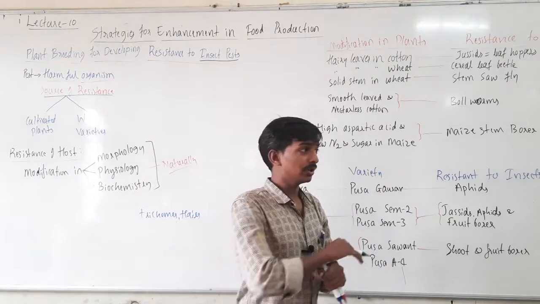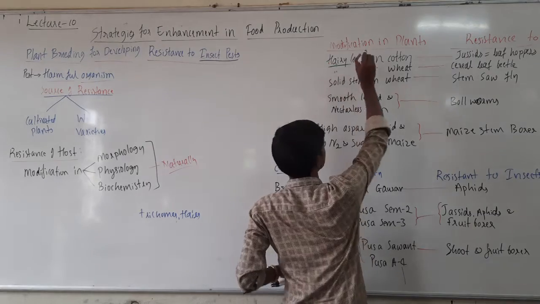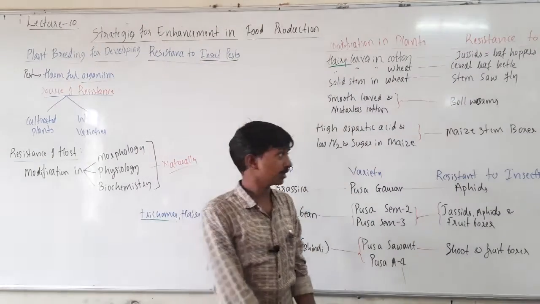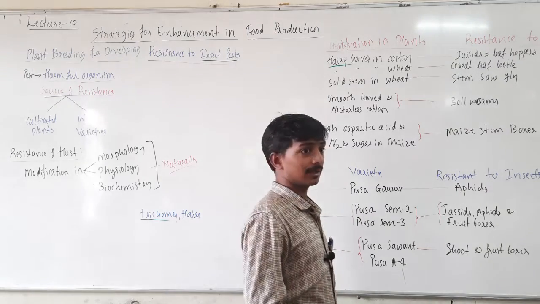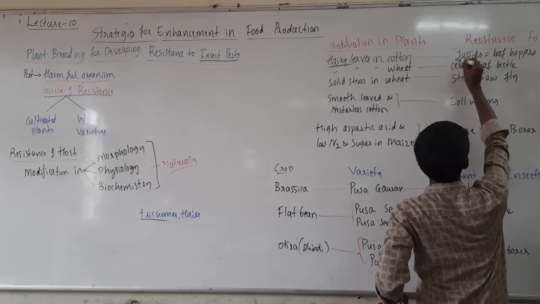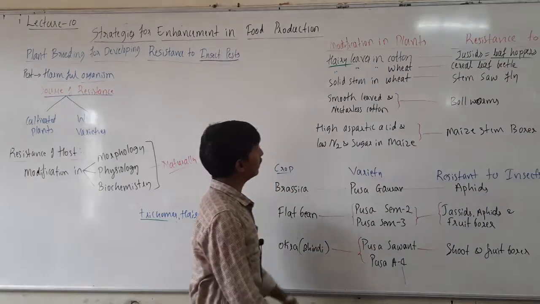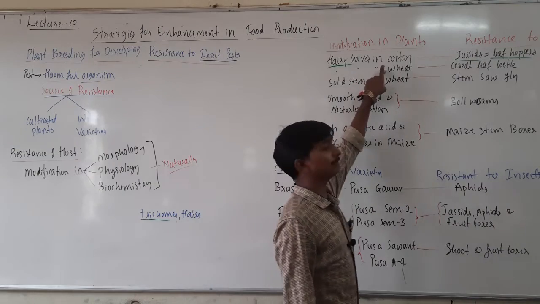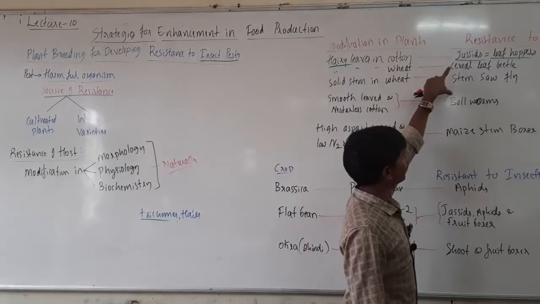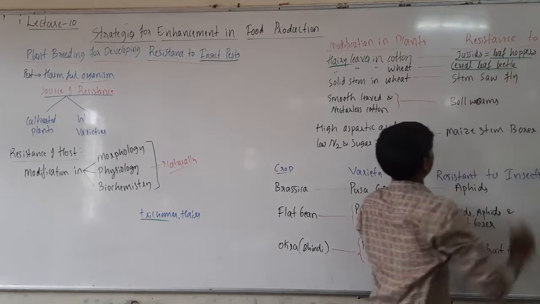On the surface of the leaf in cotton, there are small hair-like structures, what we call trichomes. Those hair-like structures help the cotton plant to be resistant to insects like jassids and leaf hoppers. Meanwhile, because of the hairs, the wheat plant is resistant to the cereal leaf beetle.